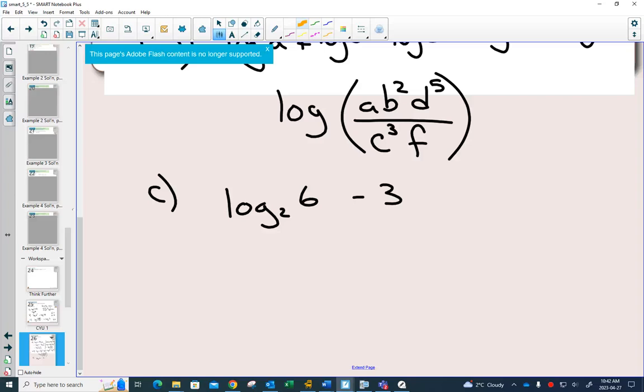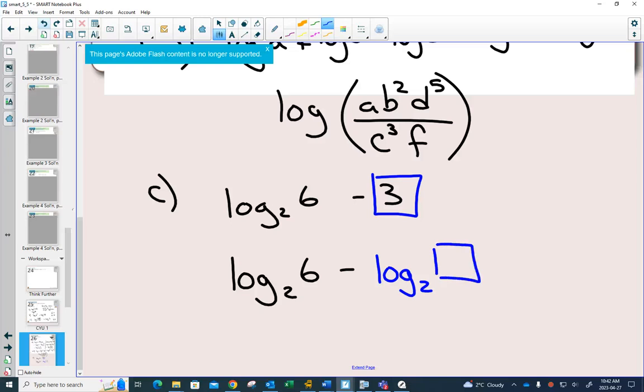But one of the reasons I got us to do that activity at the beginning of class is, if we're going to combine them, I will put a blue box around the 3. Can you see that it might be possible to change that to log base 2 of something? What goes in the box? An 8.